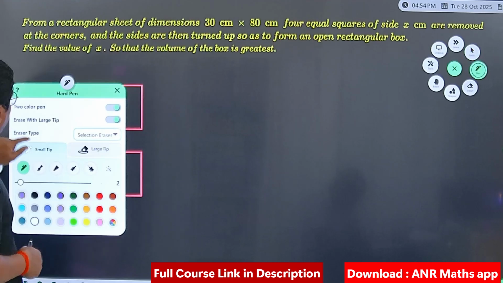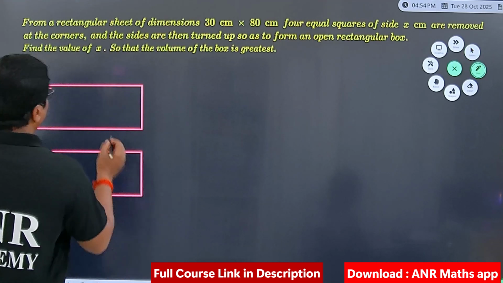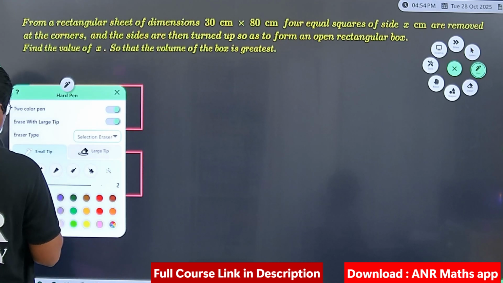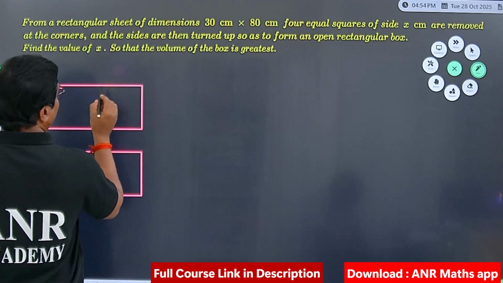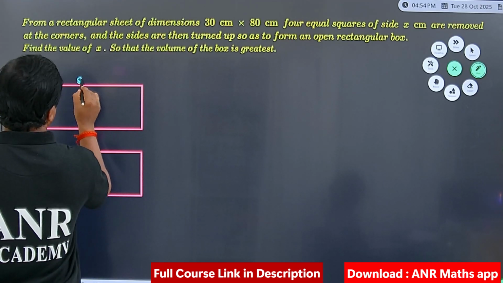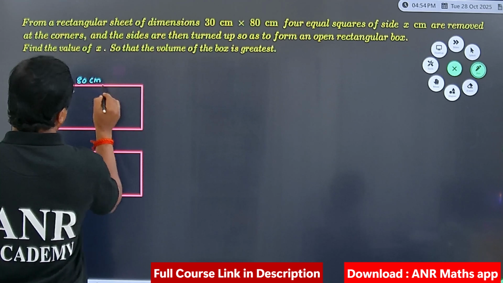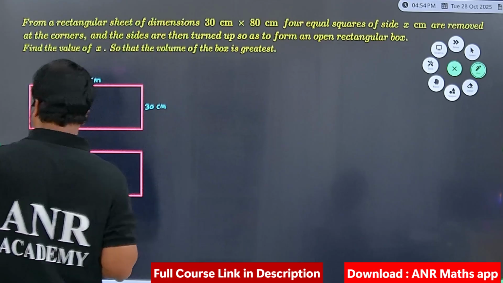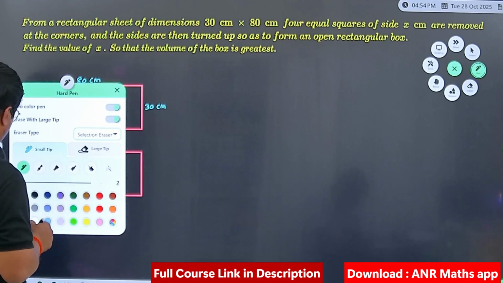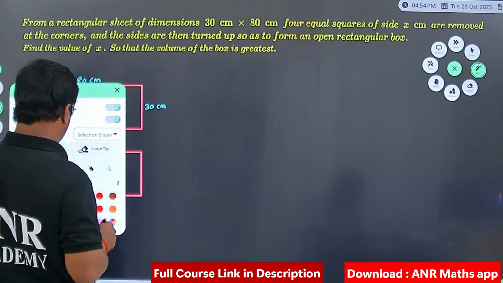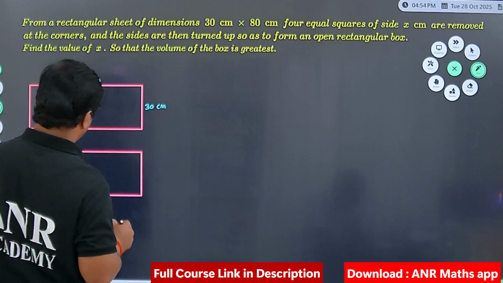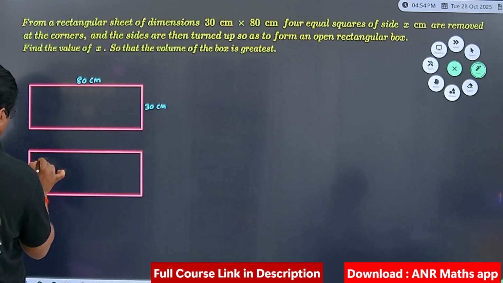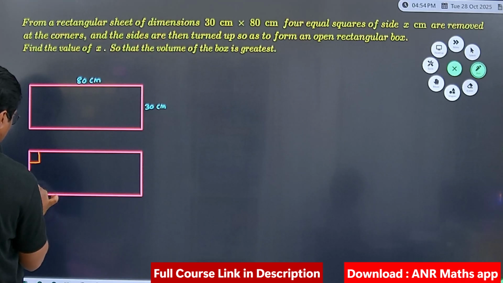Each side is of length x units. Here I am going to write the dimension of rectangular sheet. Length is 80 centimeters, width is here 30 centimeters. Suppose that 4 squares at corners with x centimeters are removed.